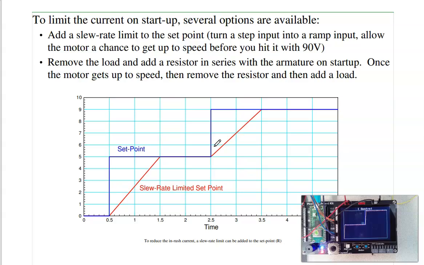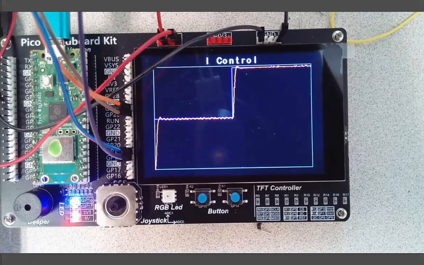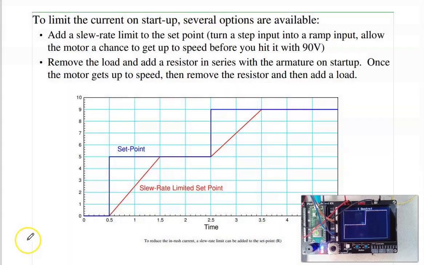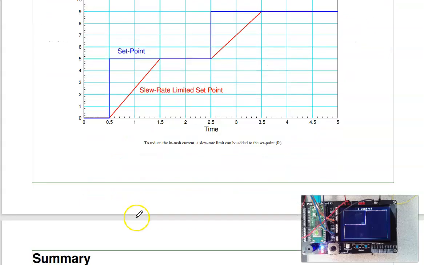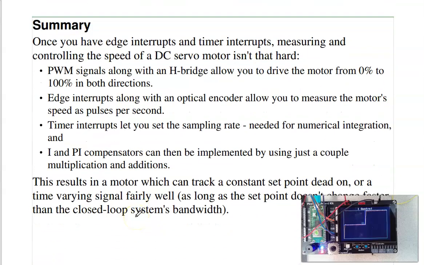But with that, we can now control the speed of a motor, and it's actually working really, really well. So that is lecture number 18 for ECE476. Once you have edge interrupts and timer interrupts, you can measure and control the speed of a DC motor, and it's not that hard.